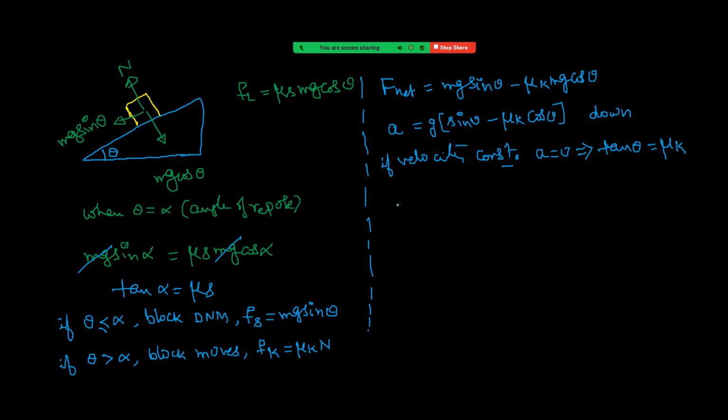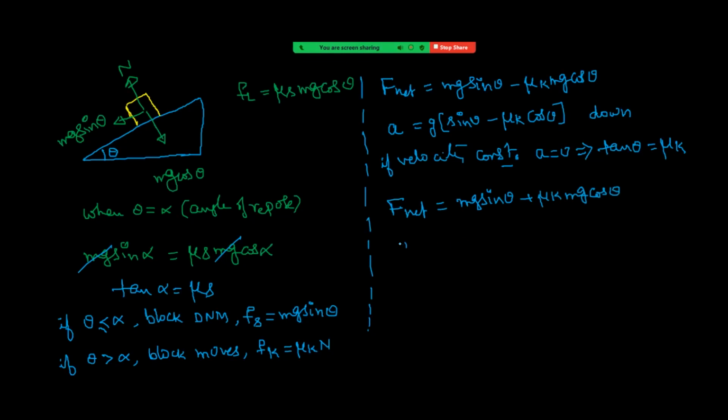Next, suppose the block is moving up. When the block is moving up, friction will be down the incline. And since the block is moving, friction is kinetic. So when the block is moving up, the net force will be mg sine theta plus mu k mg cos theta.